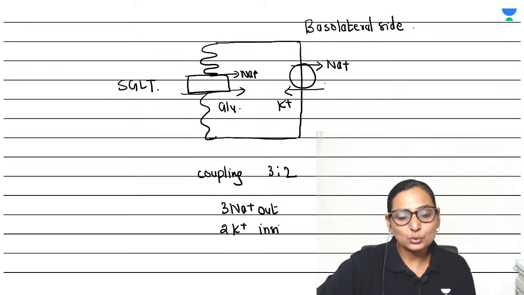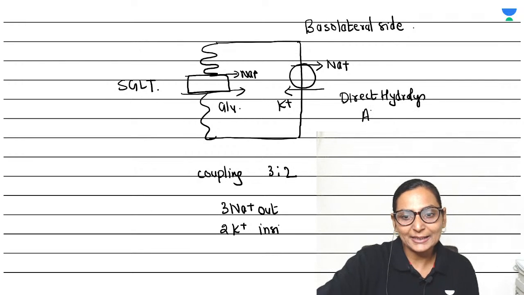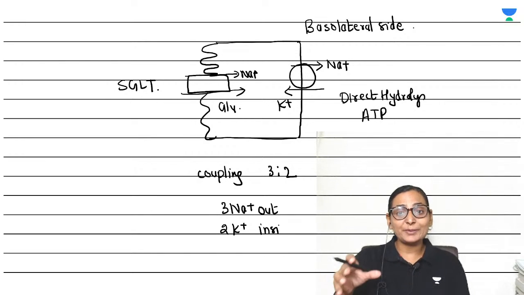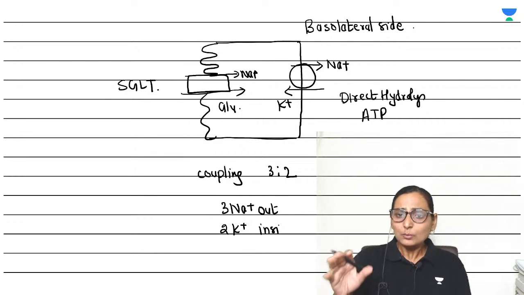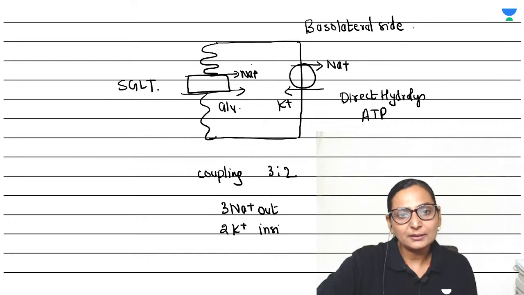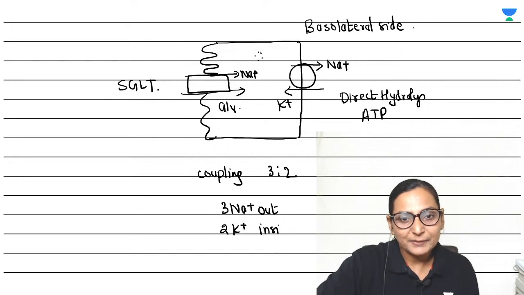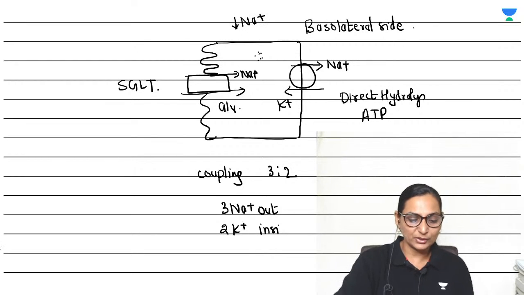Now when it is doing this, it is causing a direct hydrolysis of ATP. Therefore, it is called primary transport. Once it is pumping the sodium outside, what is occurring? Inside the cell, there is a decrease in sodium concentration.